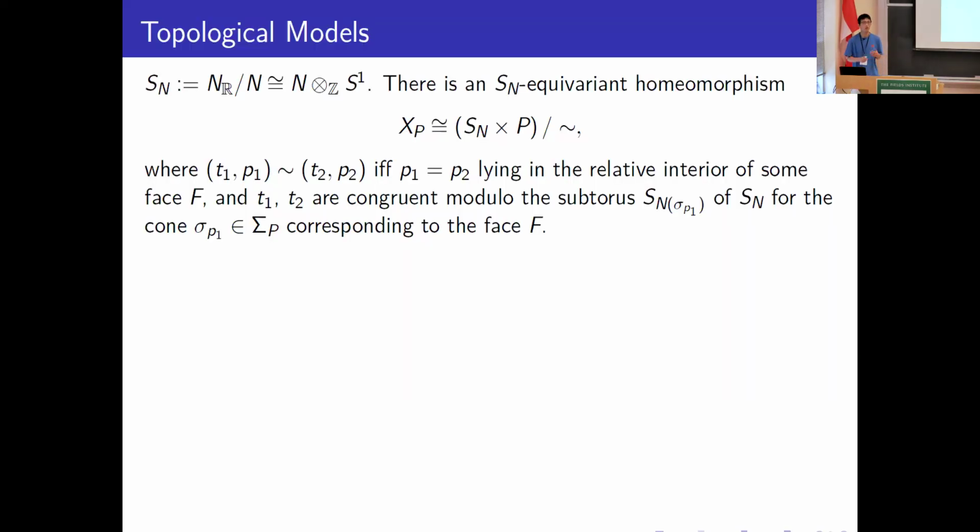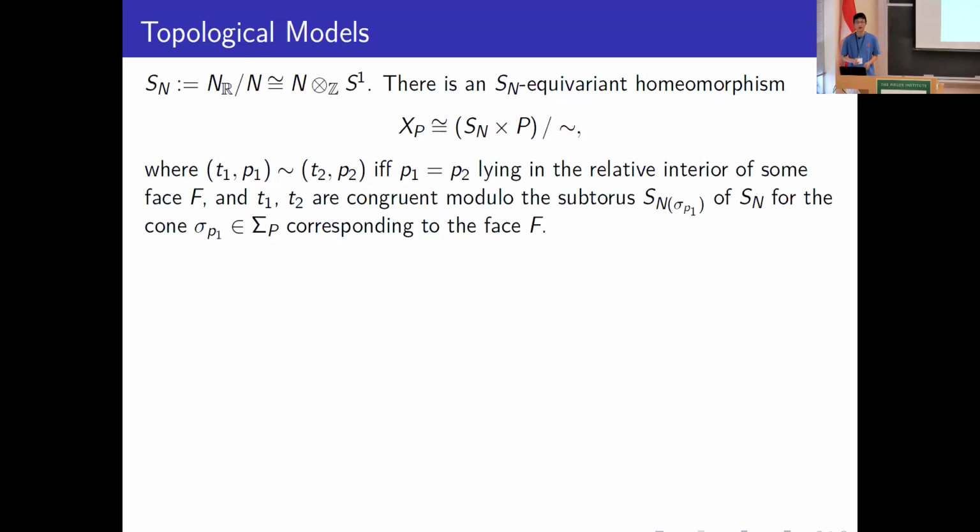We also have a topological description of this toric variety. So we construct the topological model via the moment map. Define T_N to be the real span of N modulo the action of translation by N, which is also the tensor product of N and S1.